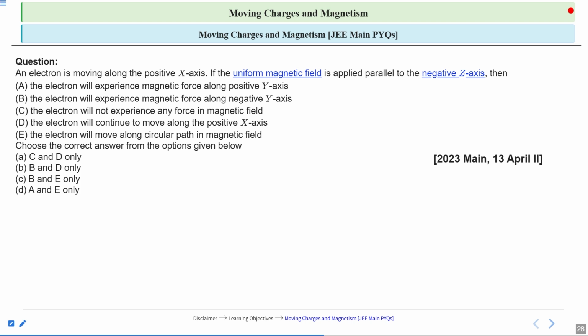Statement E: the electron will move along a circular path in the magnetic field. Choose the correct answer from the options given below: A, C and D only; C and D only; B and D only; B and E only; or A and E only. I will give you some time to think about it.